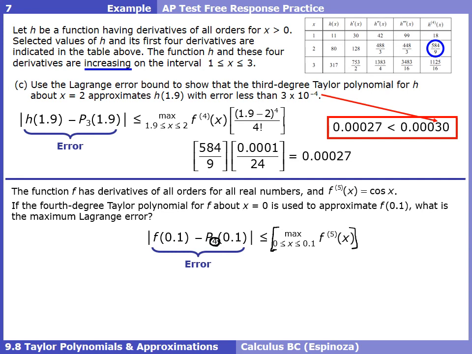Again, like the problem we saw above, we need to read between the lines, in a manner of speaking, and determine the window that we're using here. If we're writing the Taylor polynomial about x equals 0 and we're using it to approximate 0.1, then that would of course have to be the window for the x values we're looking at. After that, we need to multiply by a fraction, and that fraction will again be x minus c.